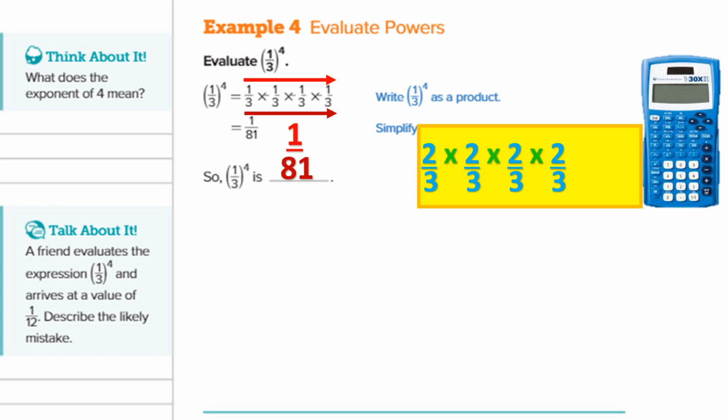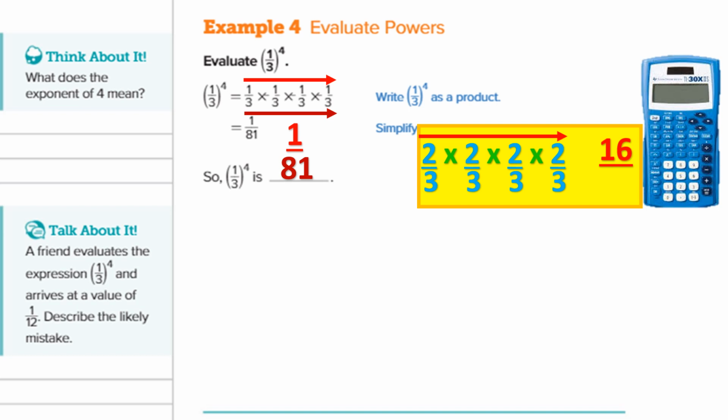So when I do things such as 2/3 times 2/3 times 2/3 times 2/3, it might become a little bit more complicated because it's not just going to be 1. But don't make it complicated. Multiply across. What is 2 times 2 times 2 times 2? Well, when you type it into your handy dandy calculator, it tells you that is 16.